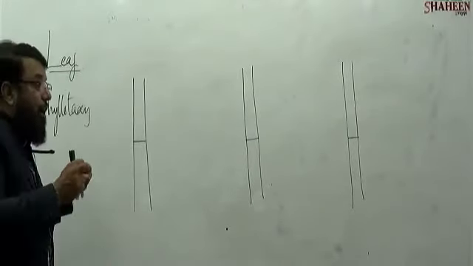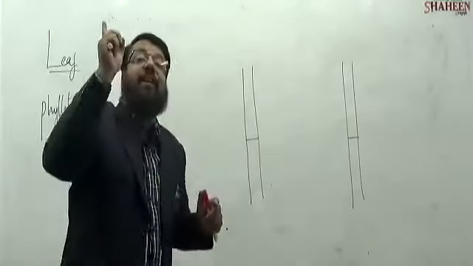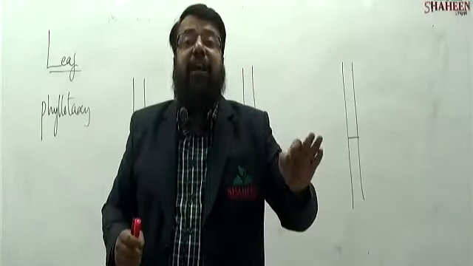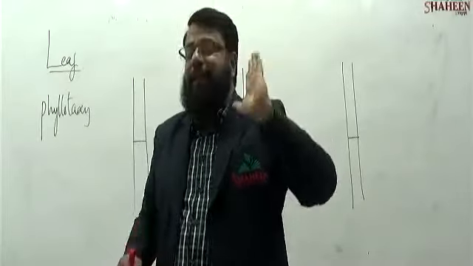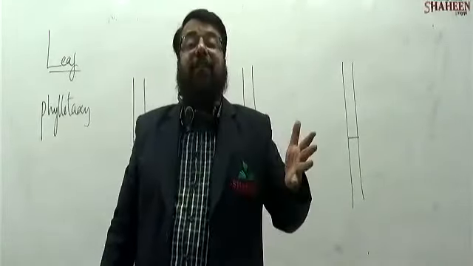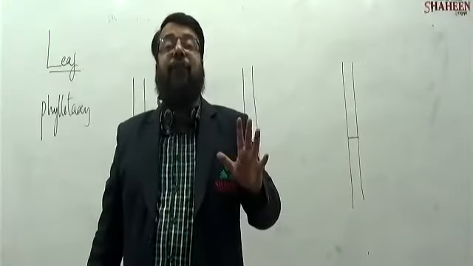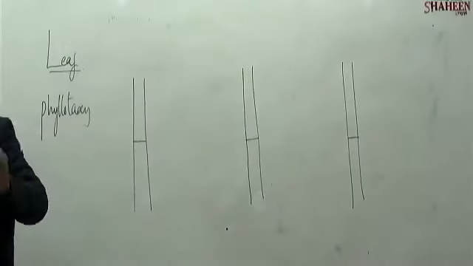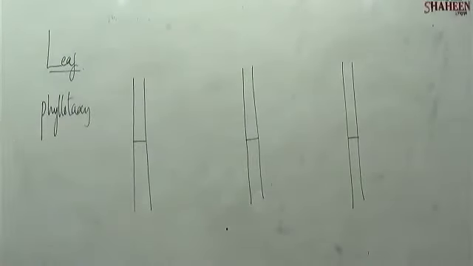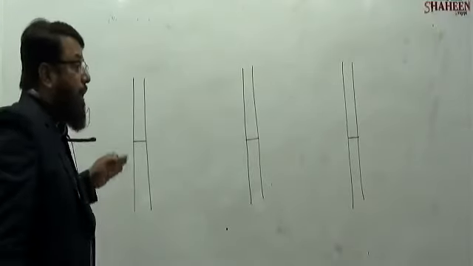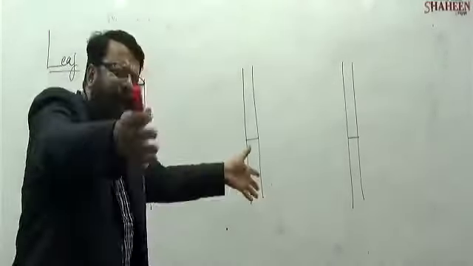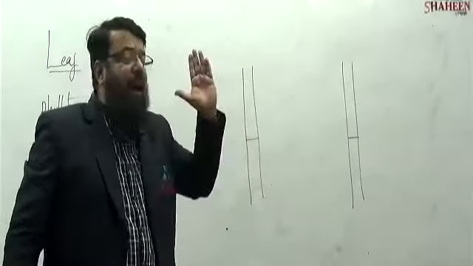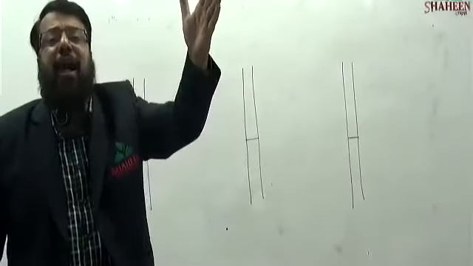What is phyllotaxy? The pattern of arrangement of leaves on the stem is called phyllotaxy. In what pattern leaves are arranged on the stem, that is called phyllotaxy. We can also say leaves and branches: the pattern of arrangement of leaves and branches on the stem is called phyllotaxy.